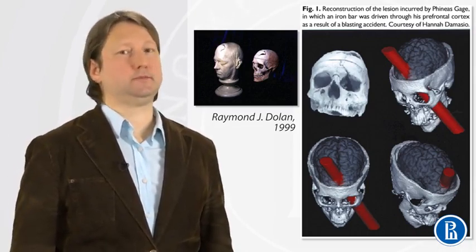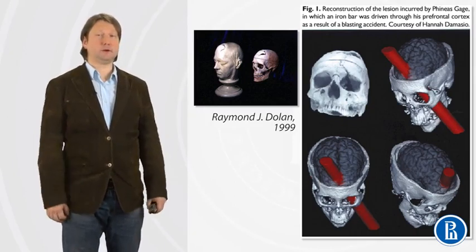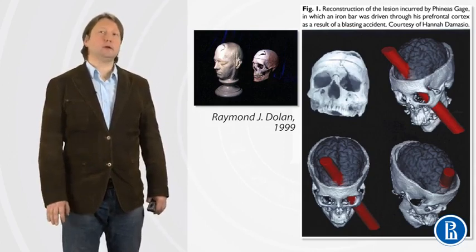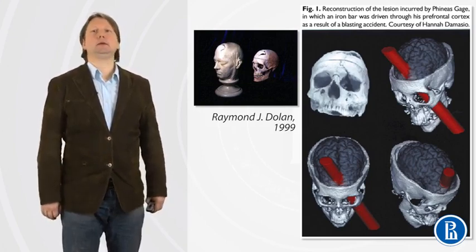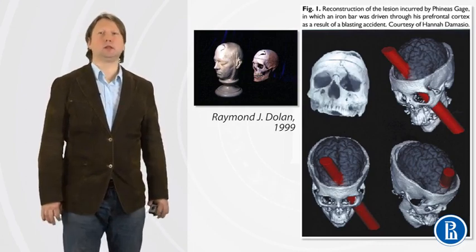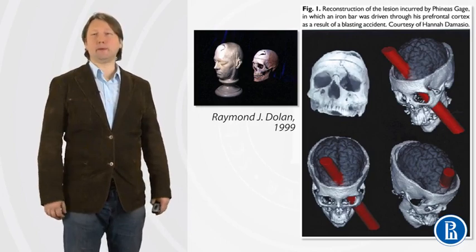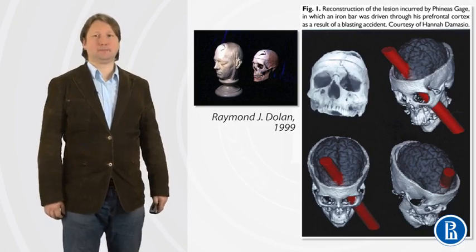Surprisingly, he survived, but his behavior and decision-making process changed substantially. He became a very emotionally unstable person. He had a lot of problems in social interactions. He lost his job. The way he made social decisions and the way he behaved changed dramatically.